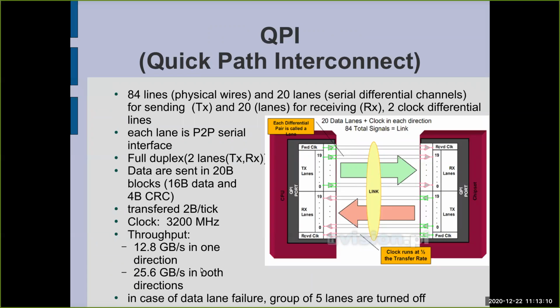QPI is one of the fastest interfaces on your computers, but you can see that the throughput in one direction is similar to FSB. Yeah? So it's not such a huge improvement. The throughput in two directions, if we use all transmitting and receiving lanes, is two times higher than FSB.